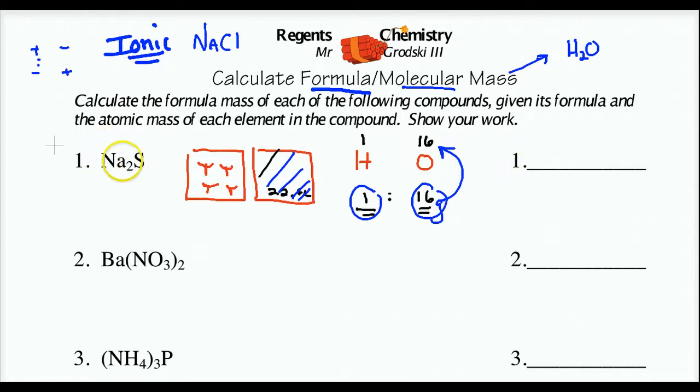So if I had Na2S in each seat, what I really have is 2 moles of sodium. So if I had pure sodium in here, it would be 23 grams. But if I've got 2 sodiums per each one of these places that atoms can exist in this box, it'd be twice as much, 46. And if I put a sulfur into the same seat, you'd be adding the mass of sulfur.